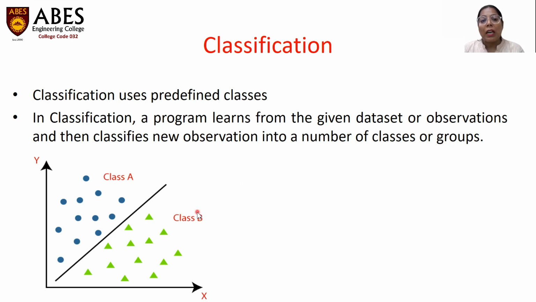So what happens in classification? You previously determine the class of the object, and after that, whenever you encounter new data points or new objects, you categorize them according to the classes. So in classification, a program learns from the given data set or observation and classifies new observations according to the classes or groups.